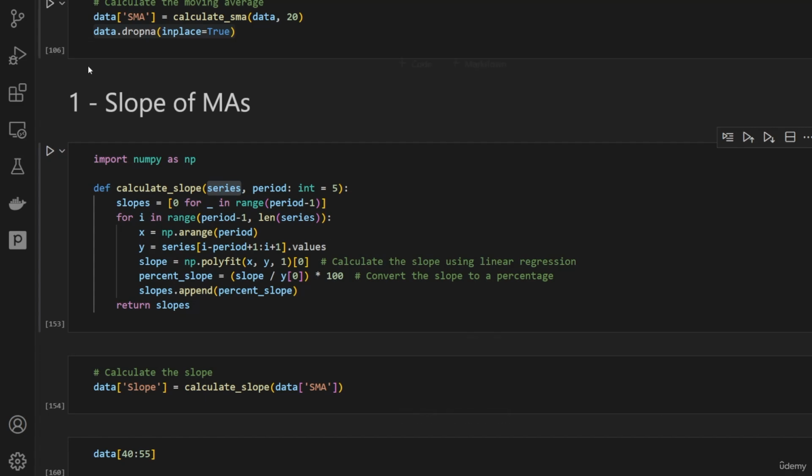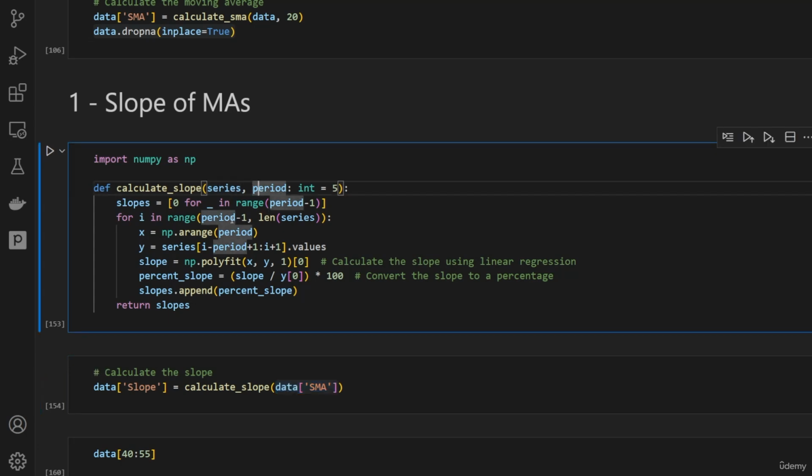Now we can compute the slope of the moving average to determine the trend. If the slope is positive, this is an uptrend. If the slope is negative, this is a downtrend. To compute the slope, we are defining a new function called calculate_slope. It takes the series. This is where we're going to input the moving average values.